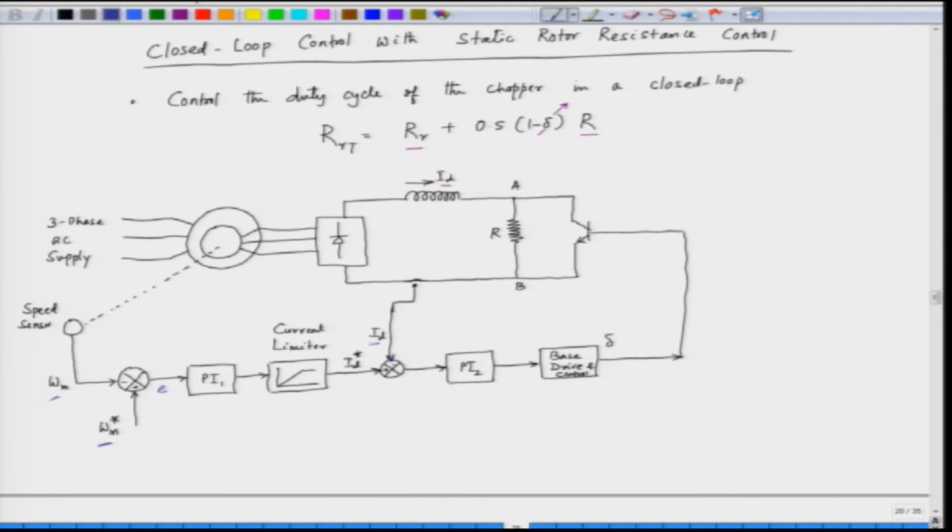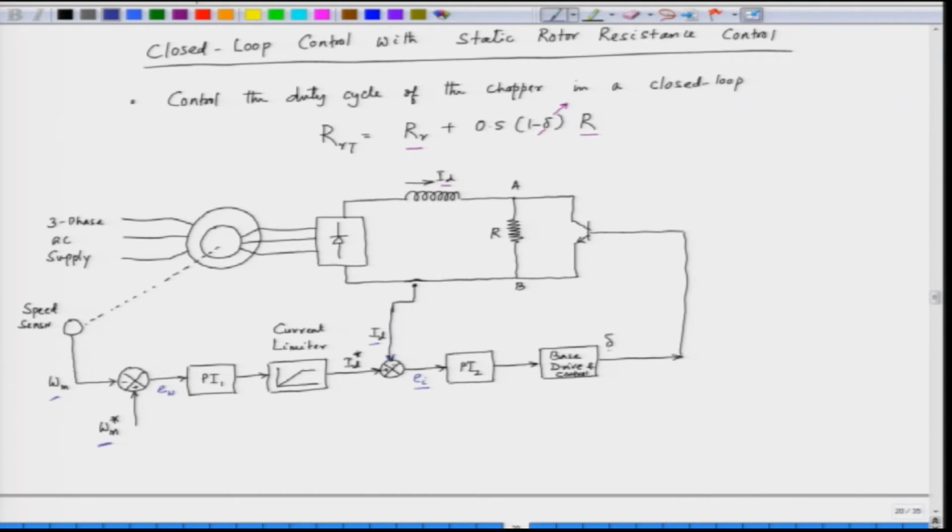So, this ID is fed here, and the output is again the current error. We have the speed error and the current error here, and that is fed to another PI controller, which will give you a control signal. The control signal is compared with a triangular wave to generate the gate drive signal.